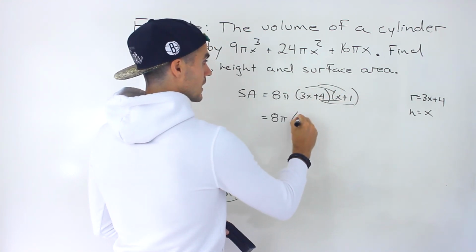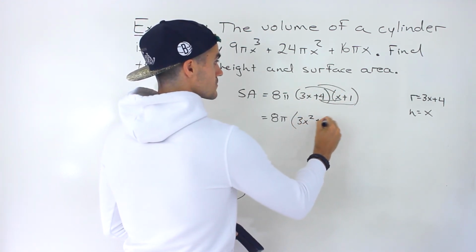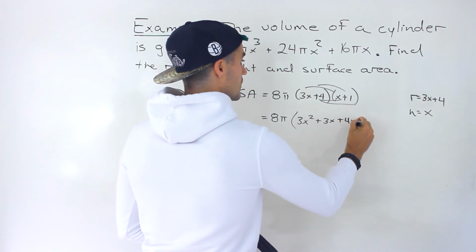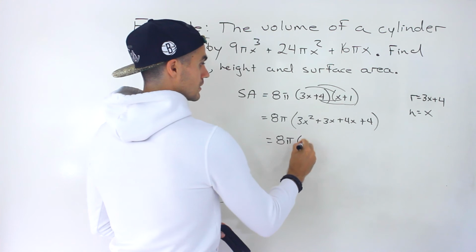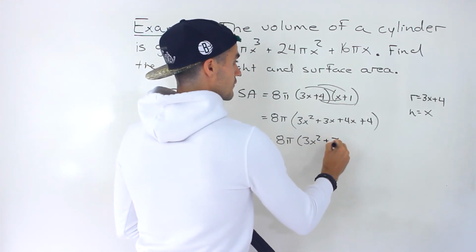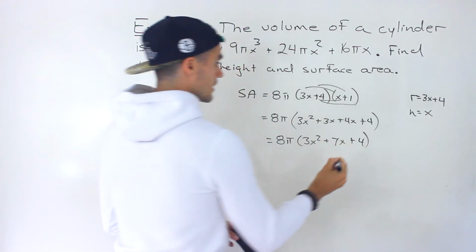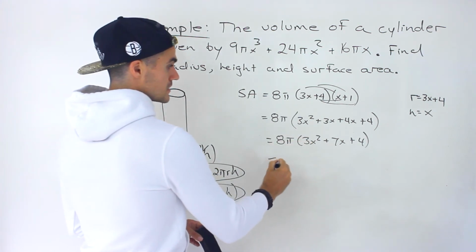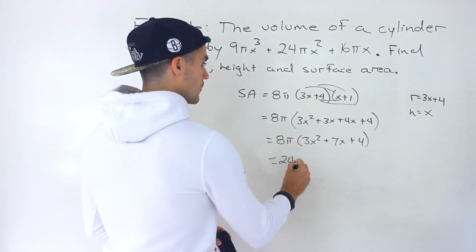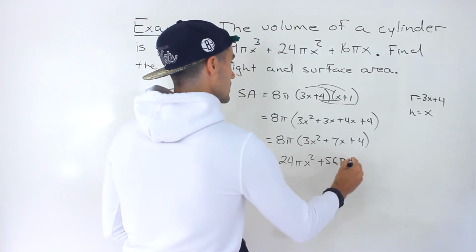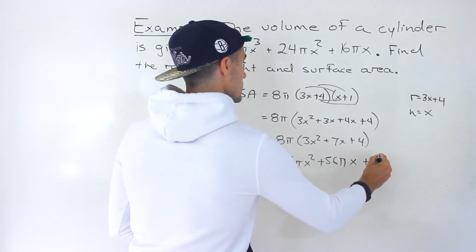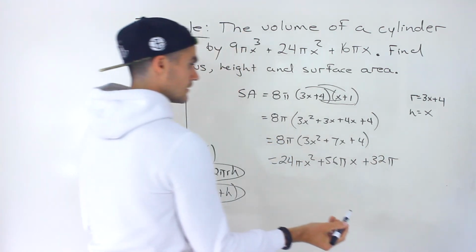Multiply all of these. So we'd have 3x squared plus 3x plus 4x plus 4. Notice that the middle terms are like terms, so that would be 7x right there. And then we could take the 8 pi and distribute it in the bracket. So we'd have 24 pi x squared plus 56 pi x plus 32 pi, like that.